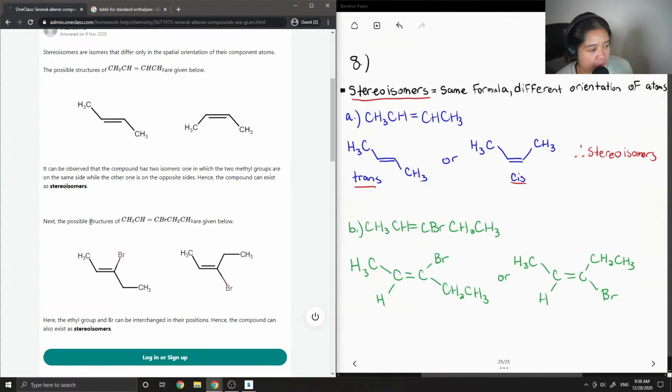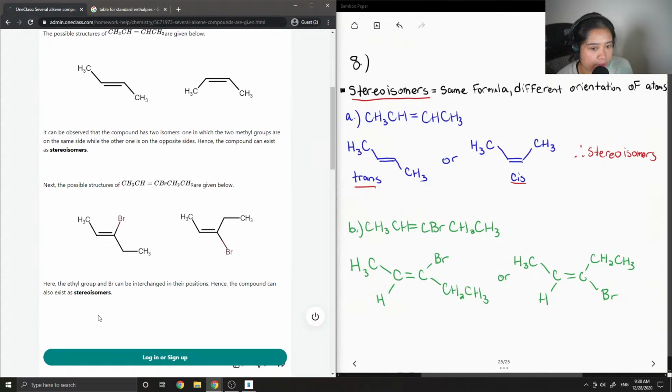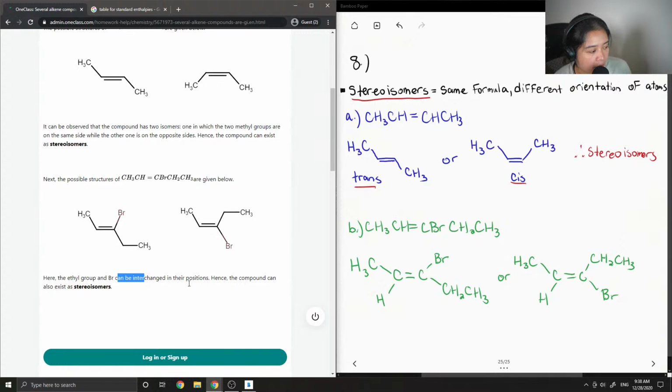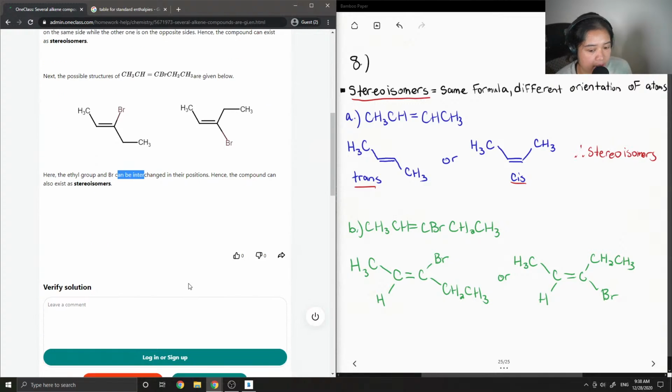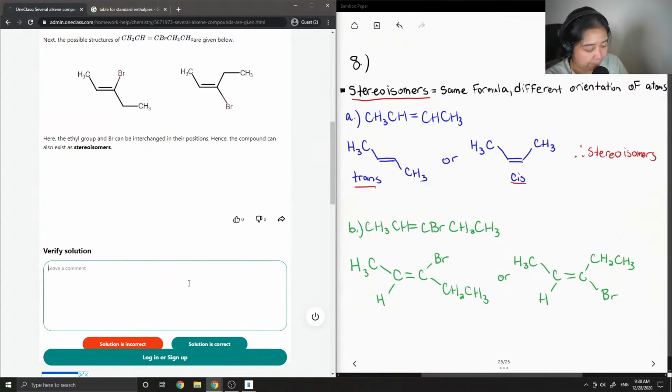Next is the possible structure of our second compound. So here they show the bromine on the same side as the methyl, or they show the ethyl group on the same side as our methyl. Here the ethyl group and bromine can be interchanged in their positions. Hence, the compound can also exist as stereoisomers. Okay, so this solution is correct.